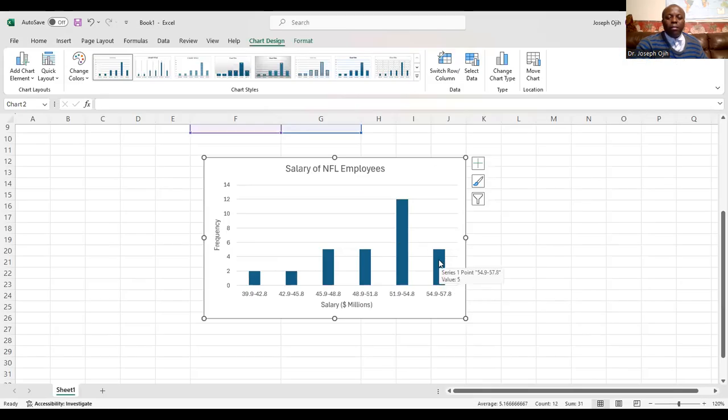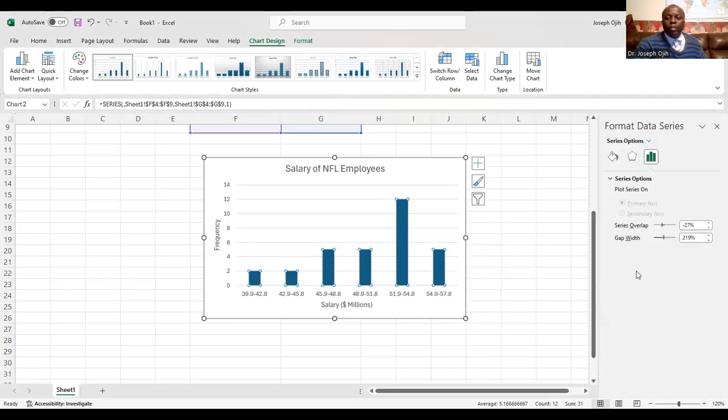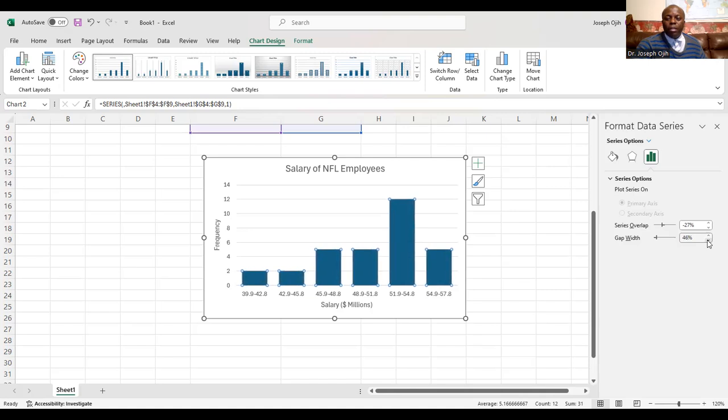Click on any of the bars, right-click on that now, and choose Format Data Series. Once you click on that, you see where you have Gap Width. Continue to reduce it. As you reduce it, you watch the gaps closing gradually. That will give us our histogram.